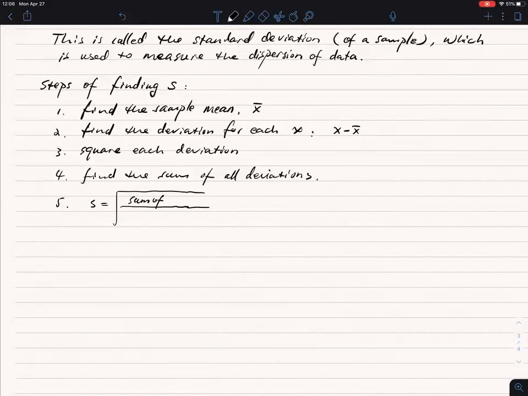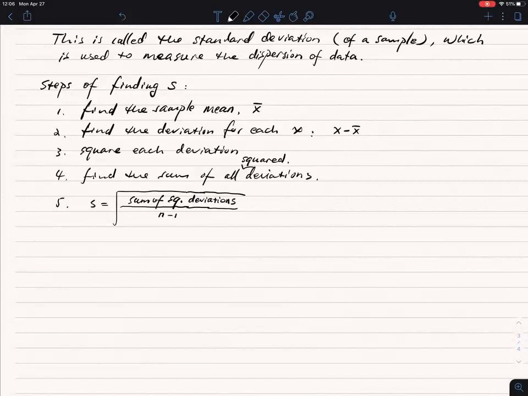Sorry, I missed a word here: squared. Find the sum of all squared deviations. So sum of squared deviations goes here under the radical in the numerator. And what is the denominator? N minus 1.